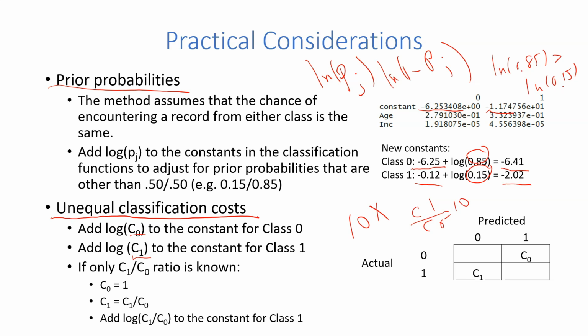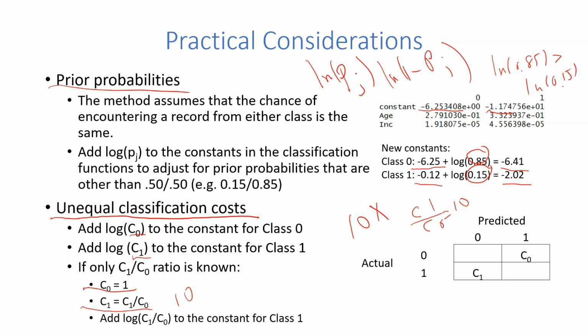Without knowing the actual misclassification costs, we can assume that C0 is 1 and C1 is the misclassification cost ratio, and in this case it happens to be 10. Since the log of 1 is 0, no adjustment is needed for the constant of the classification function for class 0.